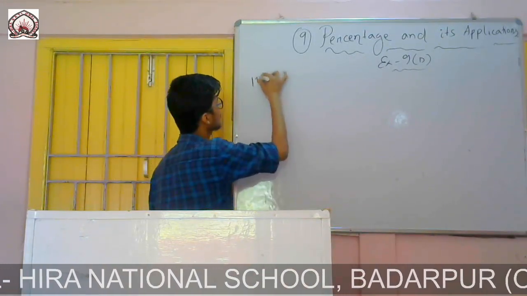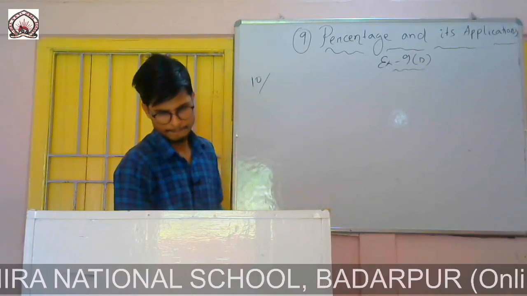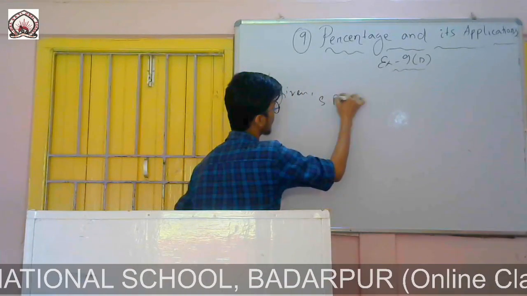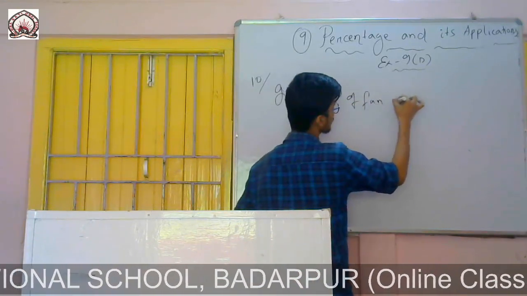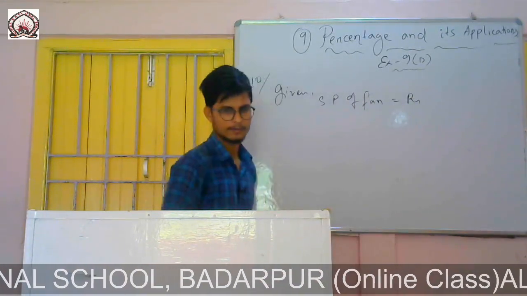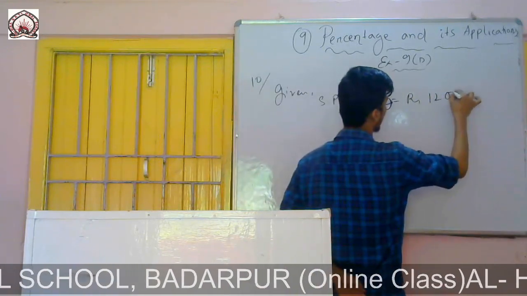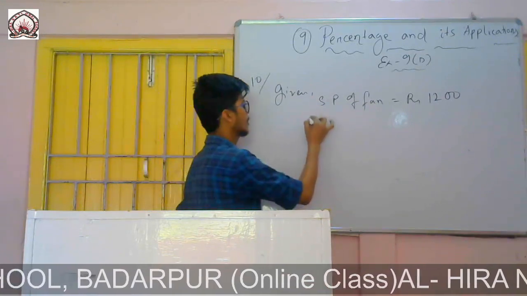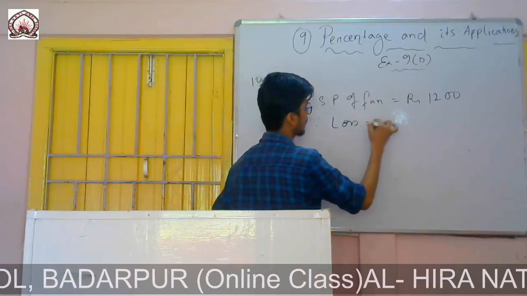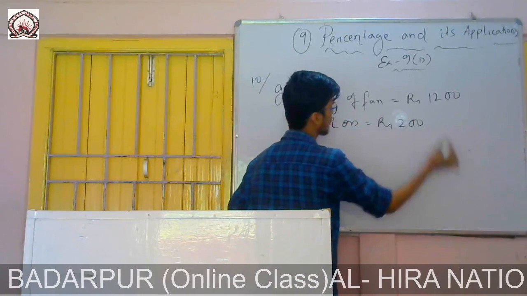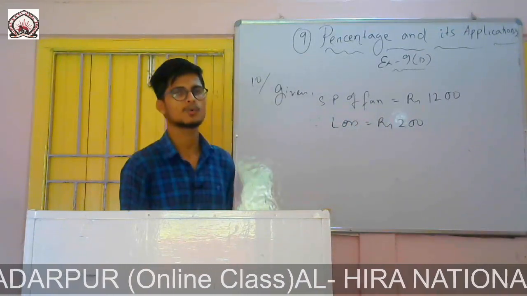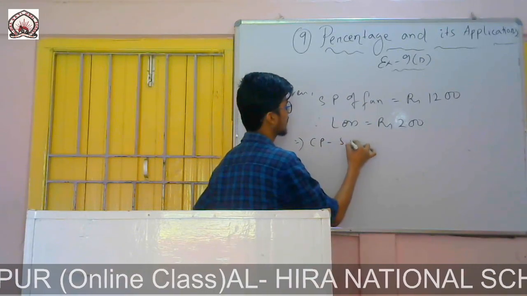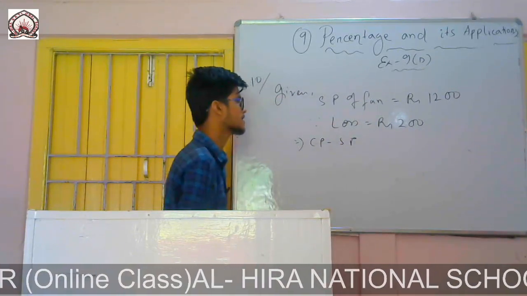So question number 10, you see it is given, the selling price of the fan is given as rupees 1200, and since loss is given as rupees 200, we know loss equals cost price minus selling price.